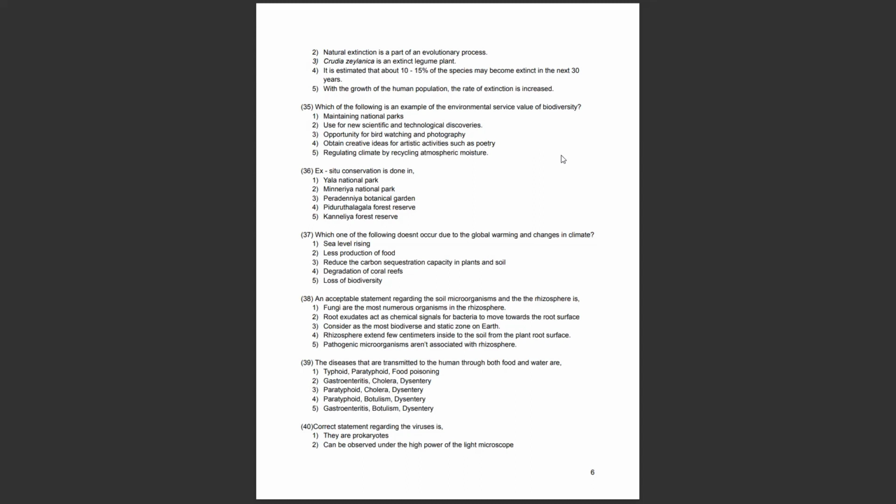Question number 35. Which of the following is an example of an environmental service value of biodiversity? There are scientific values, recreational values and so on. The environmental service values of biodiversity: carbon dioxide fixation through photosynthesis, maintaining essential nutrient cycles, maintaining the water cycle, recharging groundwater, soil formation and protection from erosion, regulating climate, water purification and pollination.